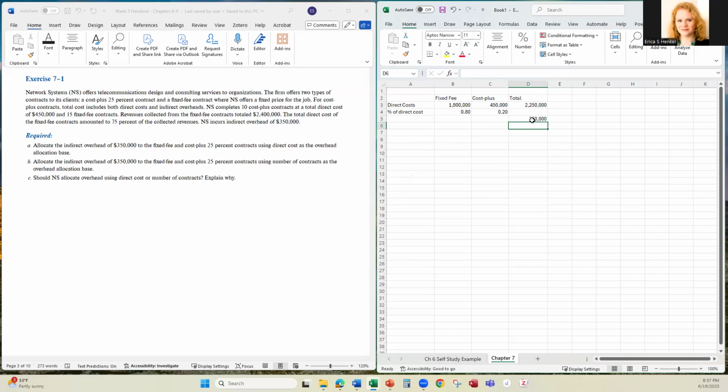and they're saying that they assign that based on the percentage of direct costs. All right. So using the direct cost then as the overhead allocation base, we're going to take that $350,000 and multiply it and assign 80% of it to fixed fee.